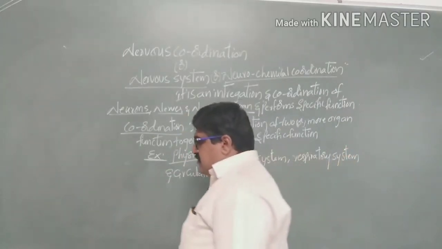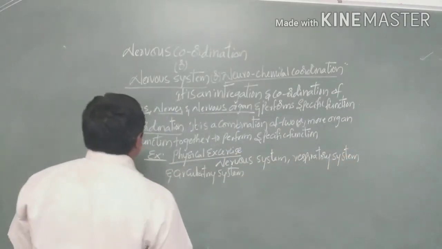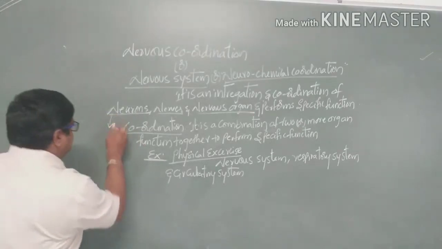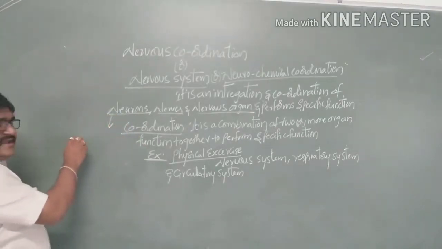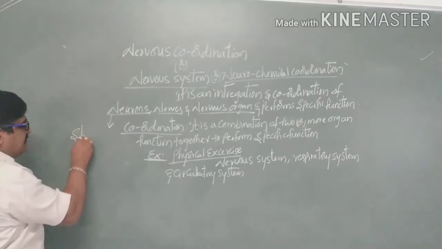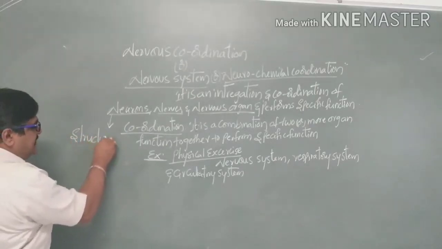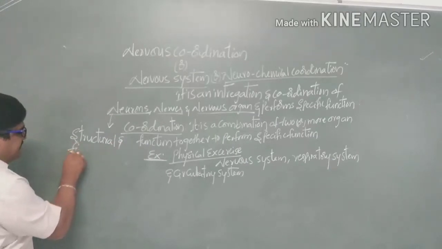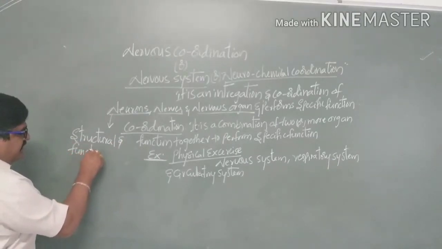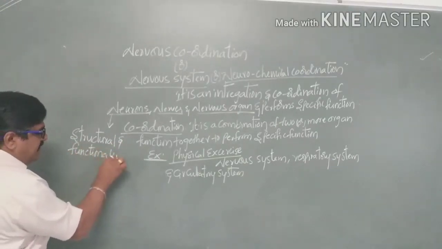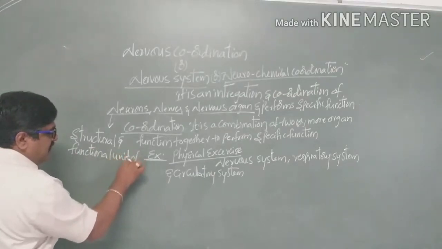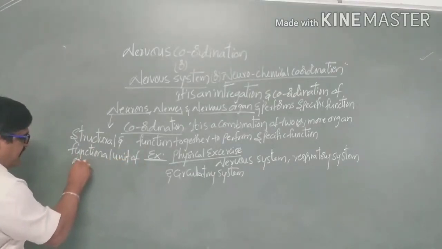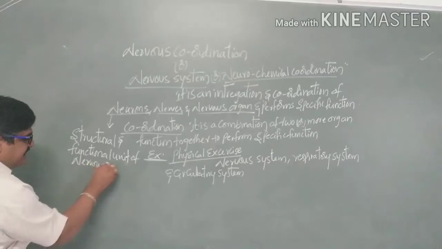These are the structural and functional units of the nervous system.